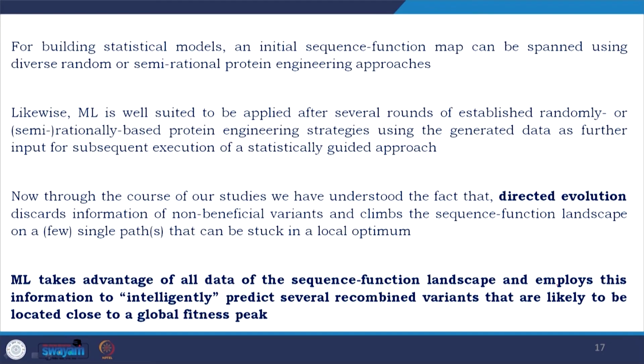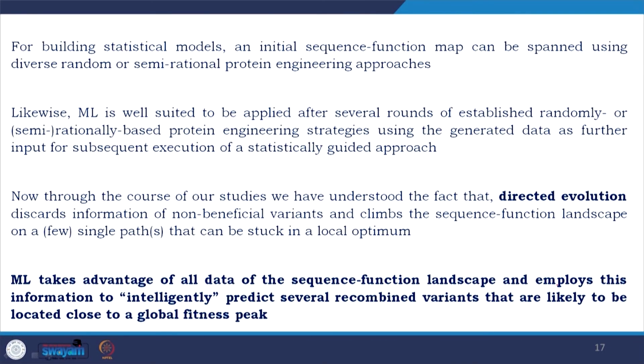So, pushing from the local optima to the global optima is possible by machine learning, because it takes advantage of all data of the sequence function landscape and then employs the information to intelligently predict several recombined variants that push the stuck local optimum to going close to the global optimum.